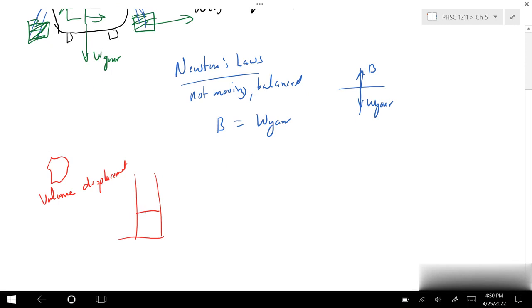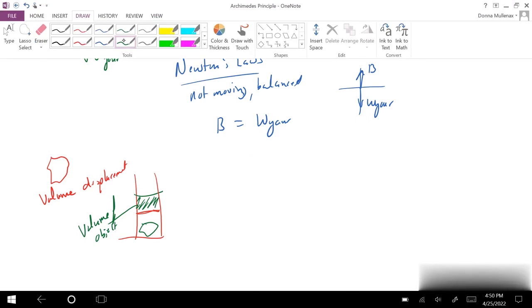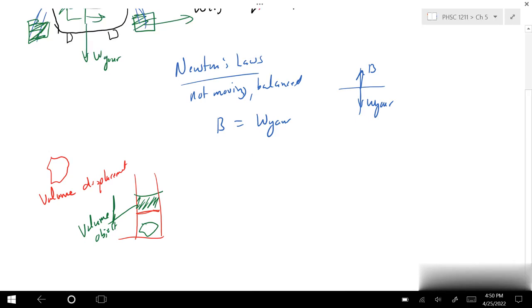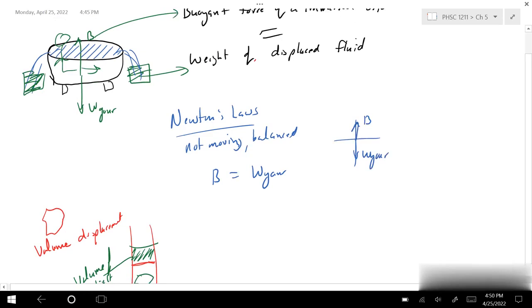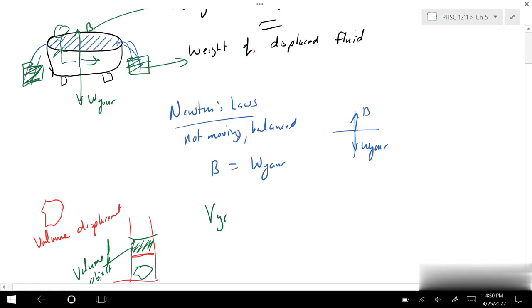You would put it in a graduated cylinder, you would have the original height, then you put the object in, and the water would go up, and this volume here is equal to the volume of the object. So if you get into the tub, your volume is equal to the volume of displaced fluid.